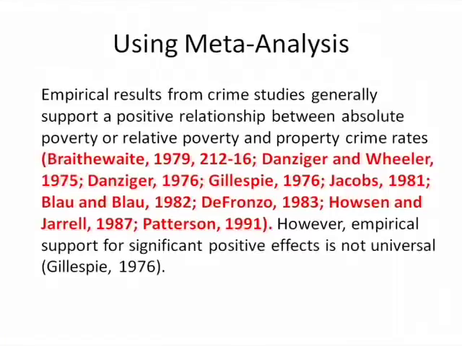They've all written articles and done empirical studies, and the conclusion is that there is a positive relationship between absolute poverty and property crime rates. Okay? So when you ask how much literature should I have, if all of these people have done the same or similar studies and they've drawn the same conclusion, this is how you cite it.